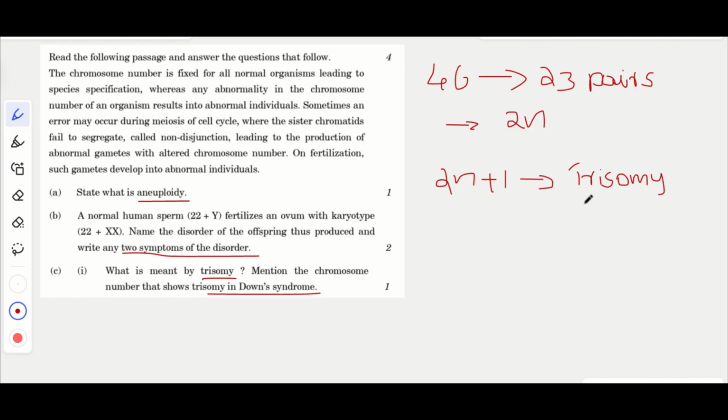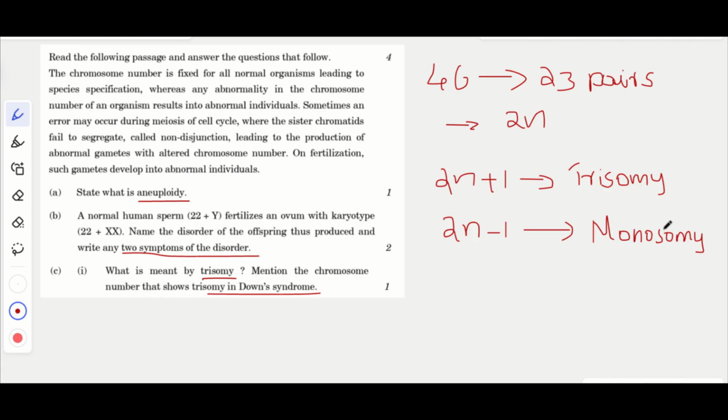And if it is losing one chromosome, that is 2n minus 1, that is monosomy. Got it?